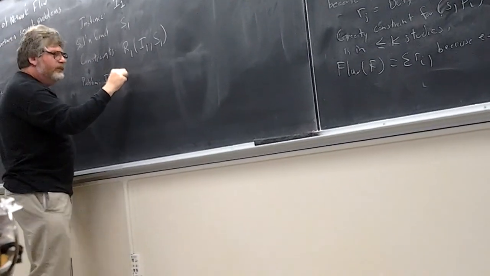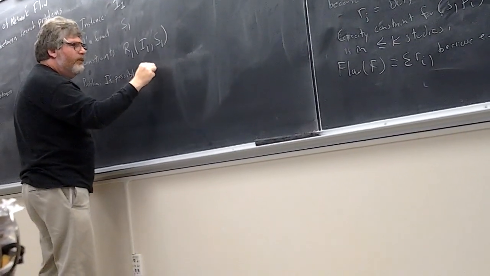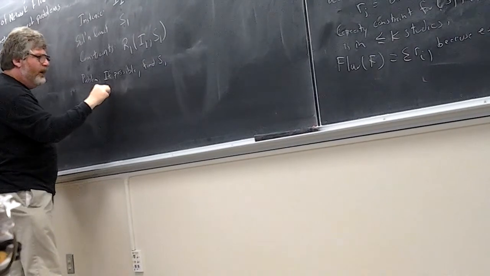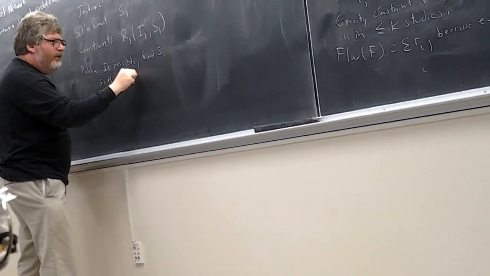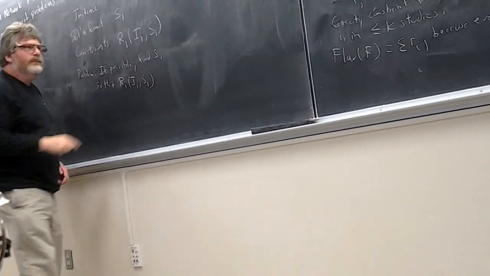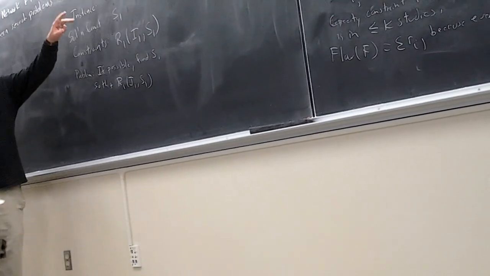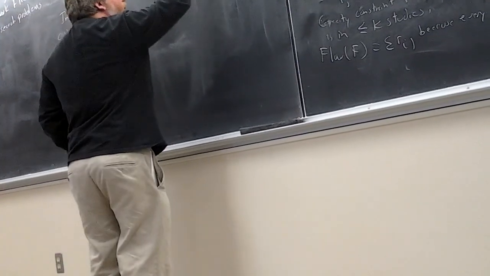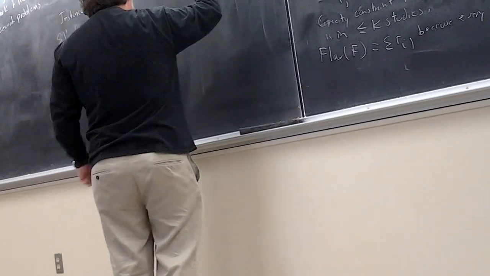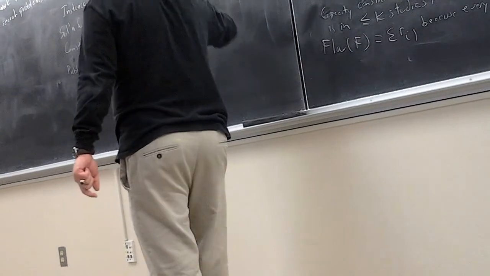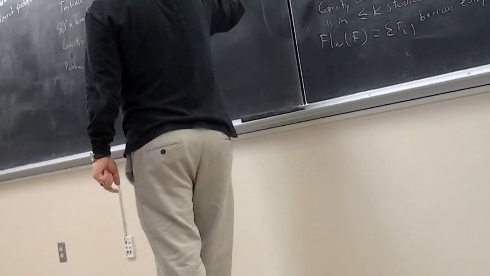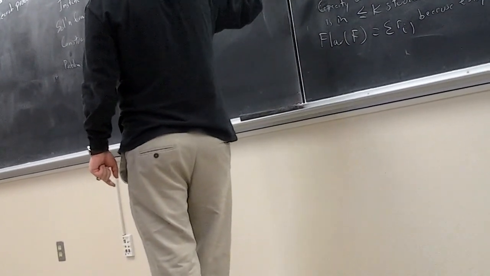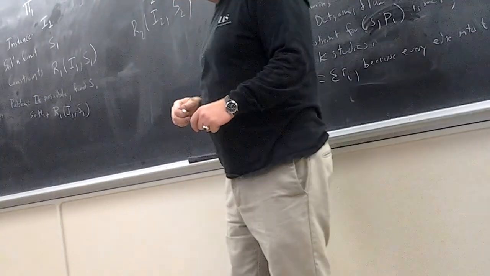So the problem is to, if possible, find an S1 so that R1 of I1 and S1 holds. And problem pi 2 has the same format. I'm just going to change all the 1s to 2s. So it's got some notion of instance, I2, some notion of solution, S2, and some constraints that I'll call a relationship, R2, between I2 and S2.